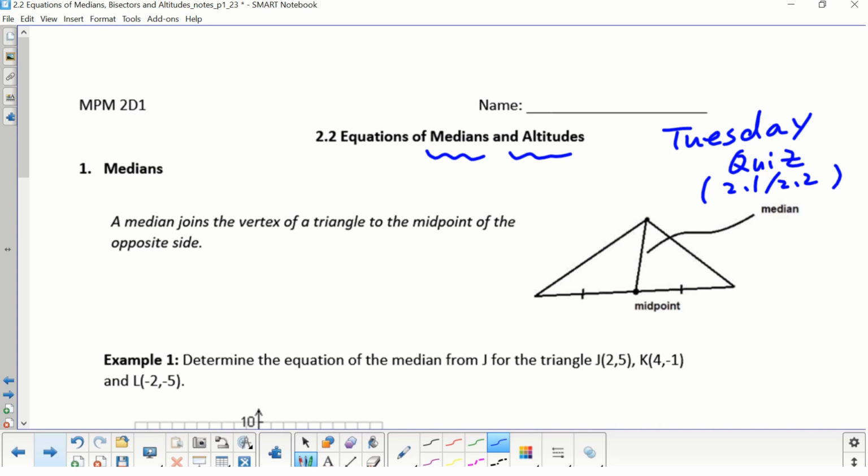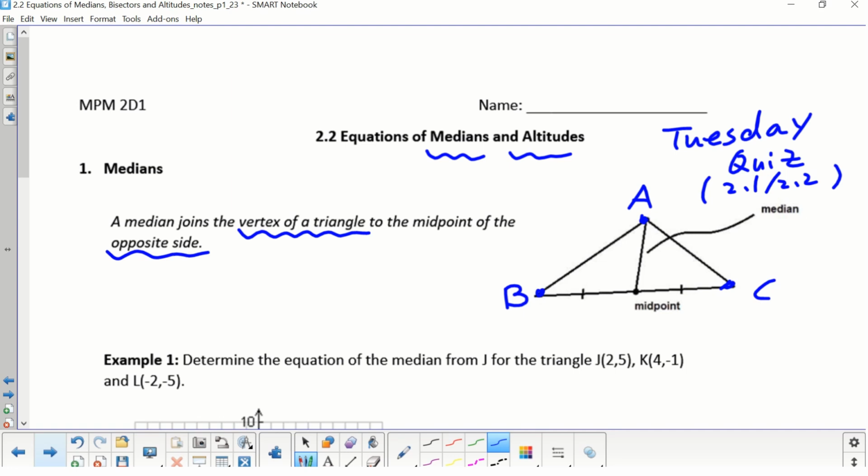So the median definition is drawing from the vertex of a triangle. Vertex means the 3 endpoints, A, B, C, we call them vertices, to the midpoint of the opposite side, then we call that a median.